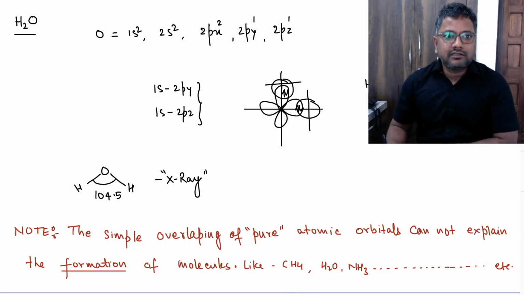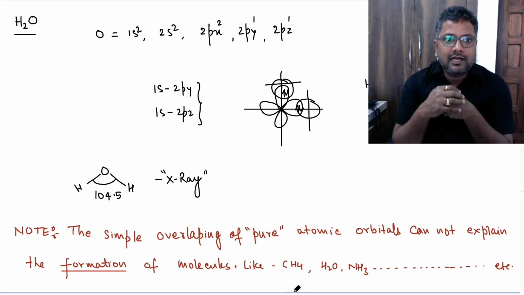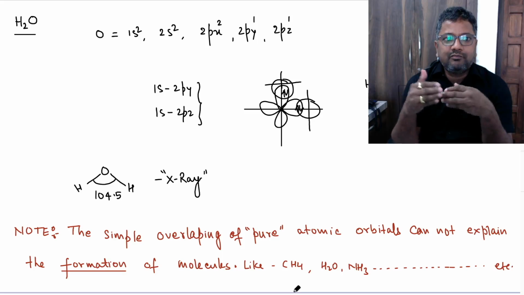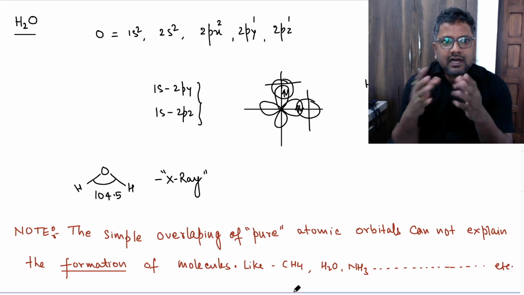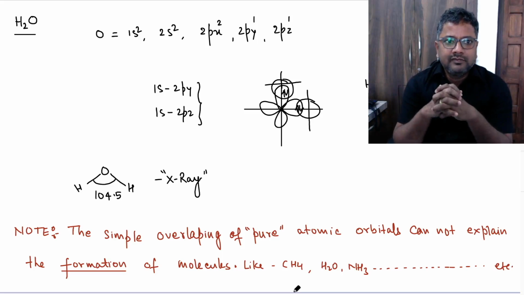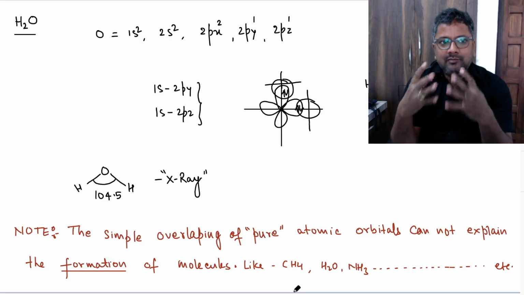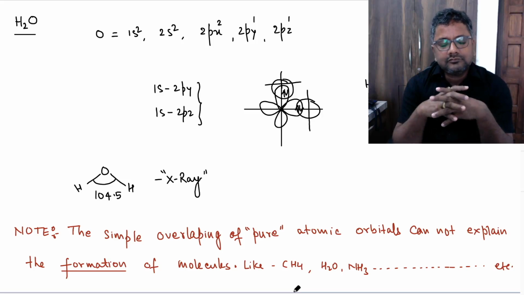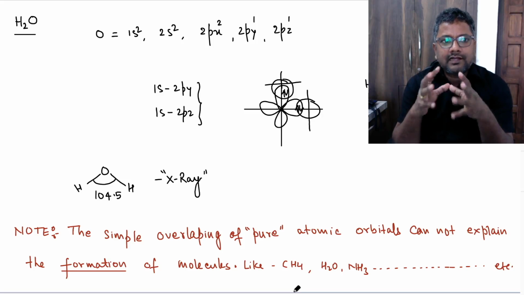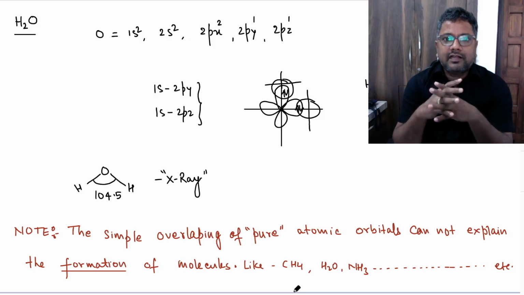Then we need another theory. So Linus Pauling suggested, instead of overlapping of pure orbitals, the overlapping of hybrid orbitals, hybrid with hybrid or hybrid with pure. So he suggested the mixing of atomic orbitals and proposed a hypothetical concept known as hybridization. So hybridization is nothing but the mathematical manipulation of atomic orbitals which suggests the mixing of atomic orbitals.